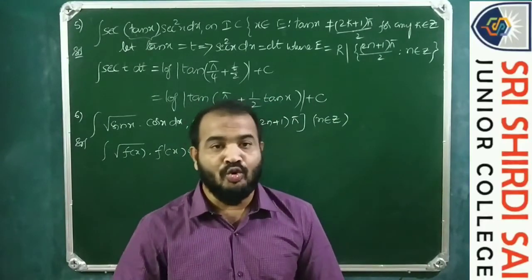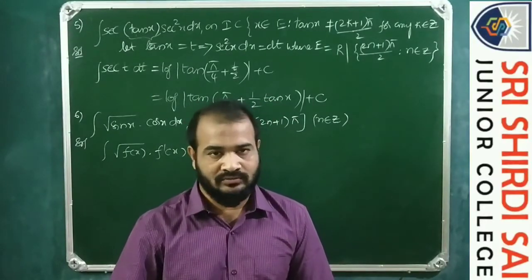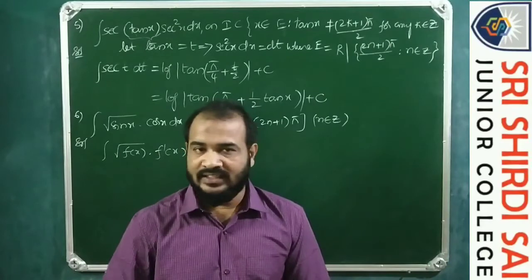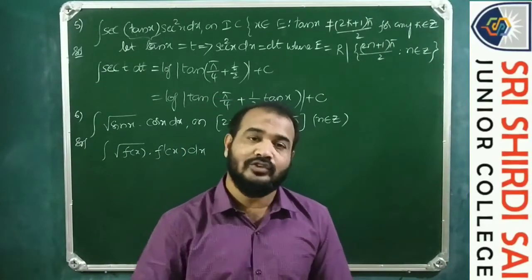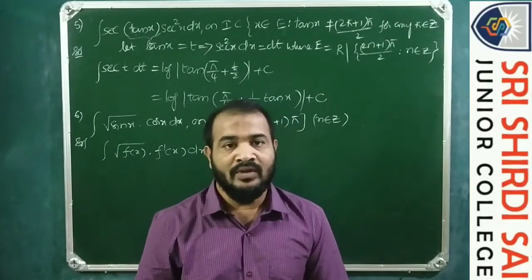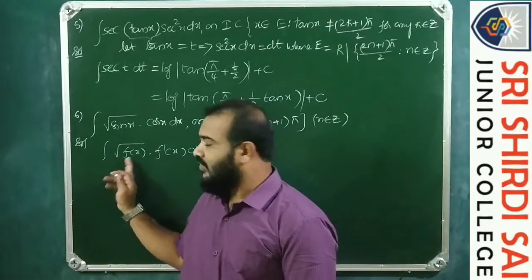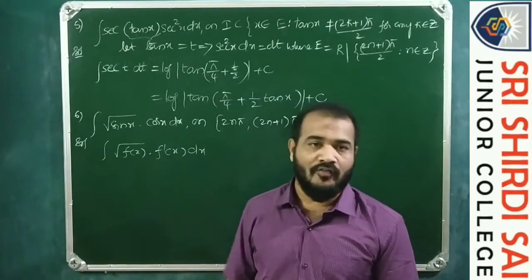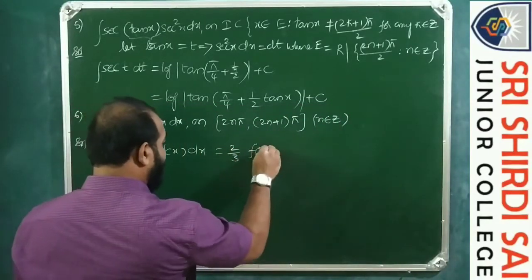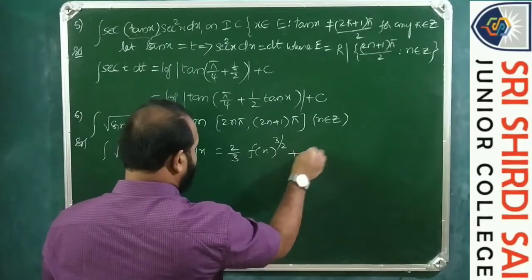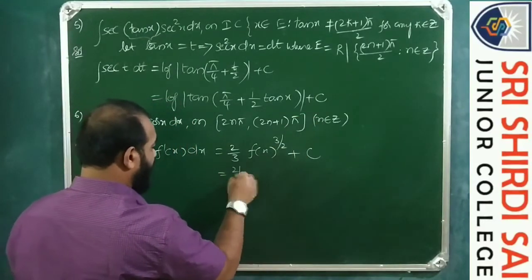Integral f dash x by root f of x dx is 2 root f of x plus c. Integral f of x whole power n into f dash x dx is f of x whole power n plus 1 by n plus 1 plus c. And integral root f of x into f dash x dx is 2 by 3 f of x whole power 3 by 2 plus constant of integration c.